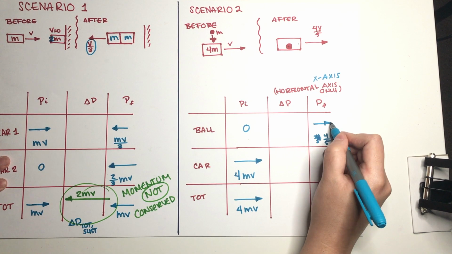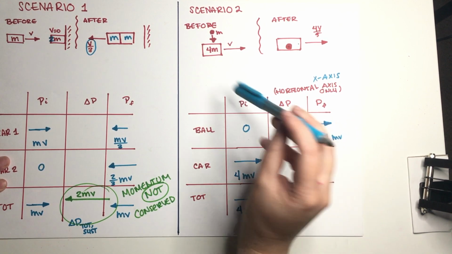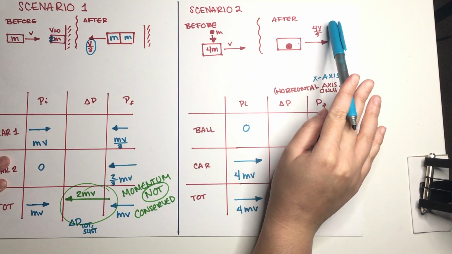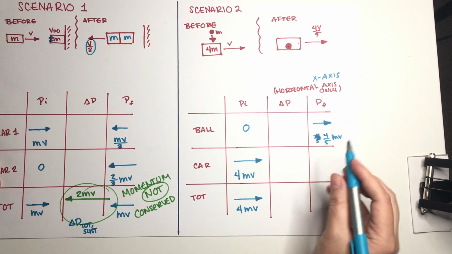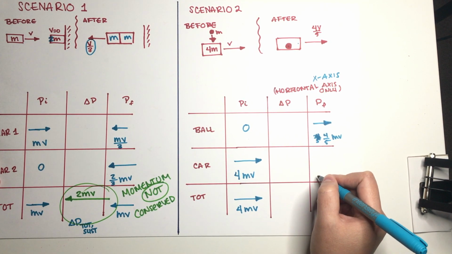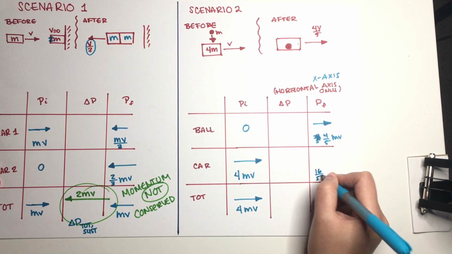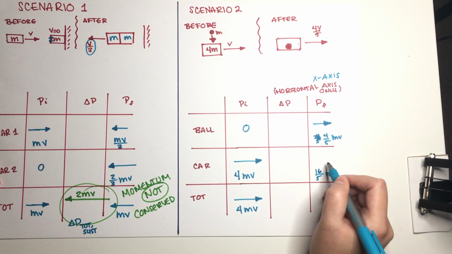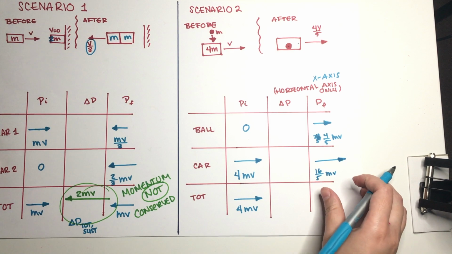So it's just going to be something like this, right? And then for the car, we need to multiply 4m times 4/5 of B, and that is going to be equal to 4 times 4 divided by 5. So 16. Let's just leave it as 16/5 mB. There we go. So this is obviously just going to be like another arrow going in this direction.